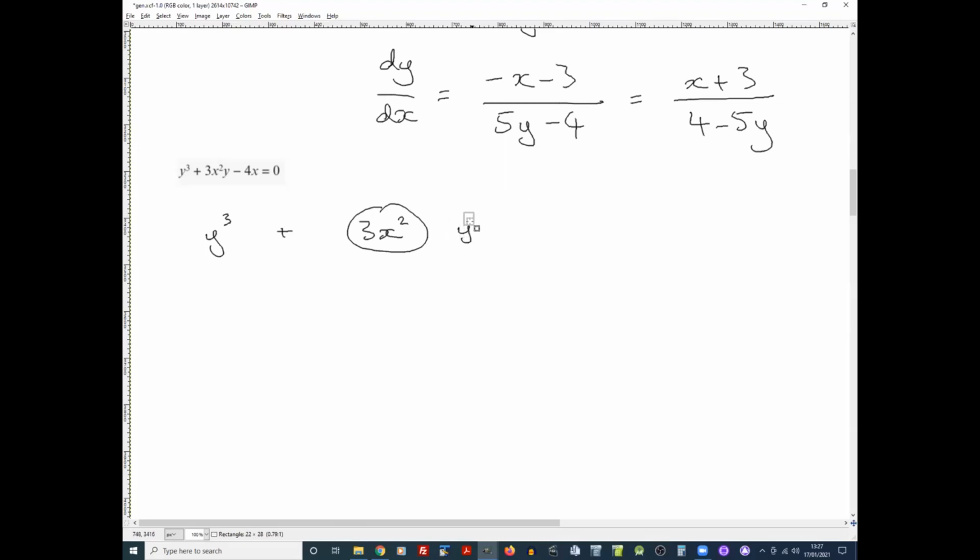Duh. Minus 4x equals 0. Okay. Here's where I needed to do it. That happened earlier, didn't it? What's that? The first term.